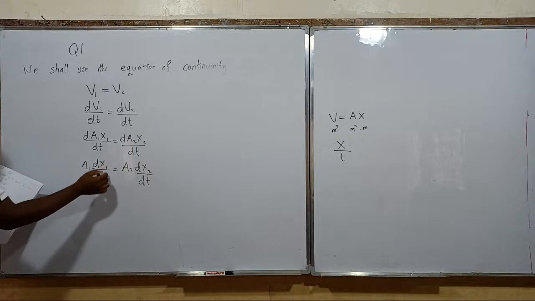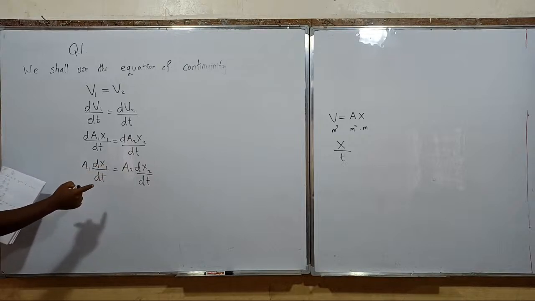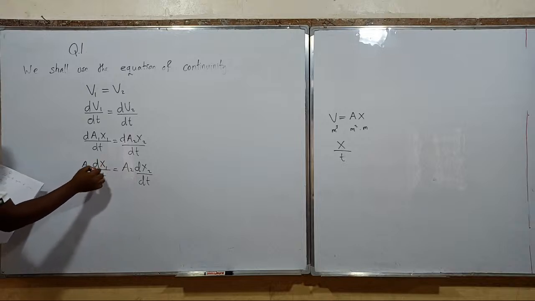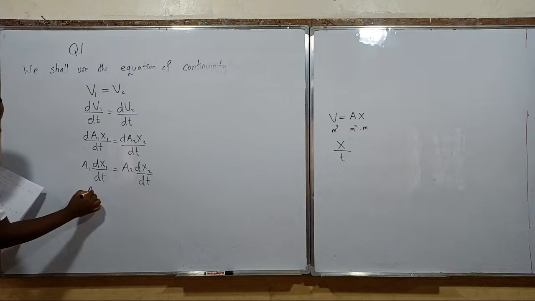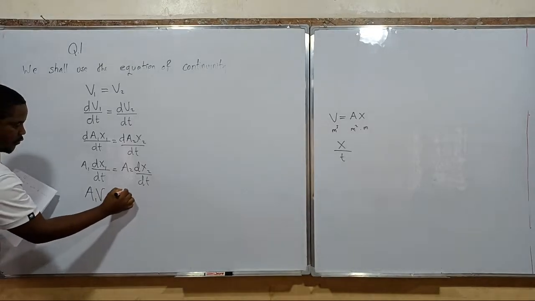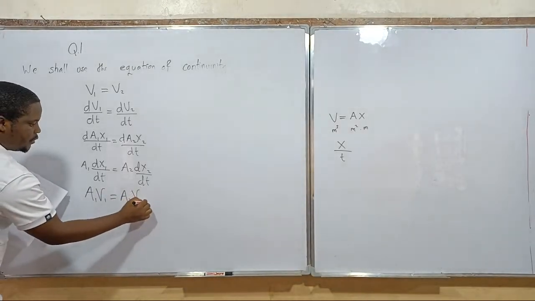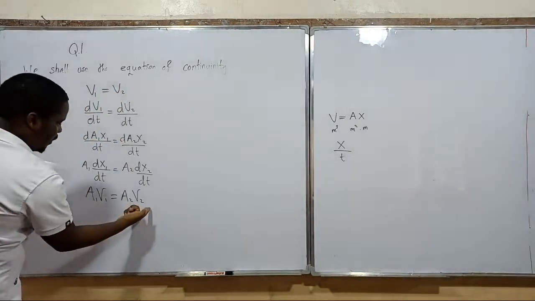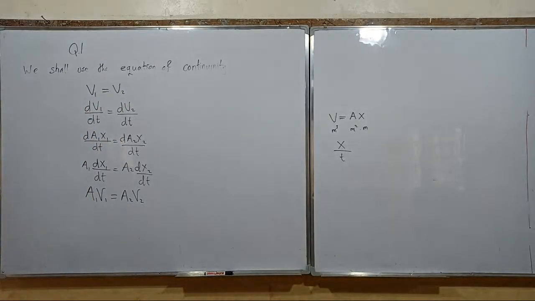Then this part, the change in distance over time, is simply velocity, or sorry, speed. But in this case, since it's displacement, this whole thing is just now velocity. So A1 velocity 1 is equal to area 2 velocity 2. This is the equation of continuity. If you want, there's actually no need of doing this, you can just pick it up from here. Area 1 velocity 1 is equal to area 2 velocity 2.